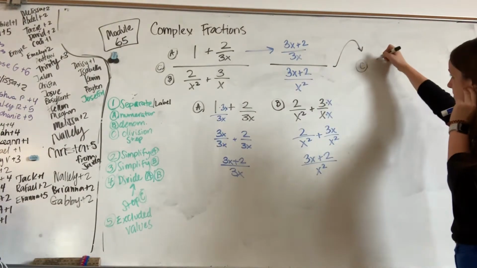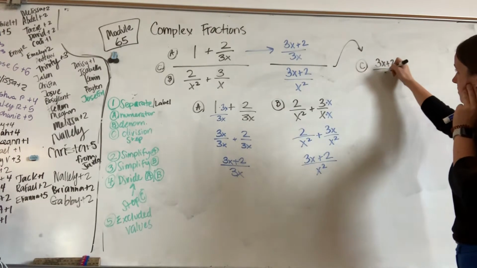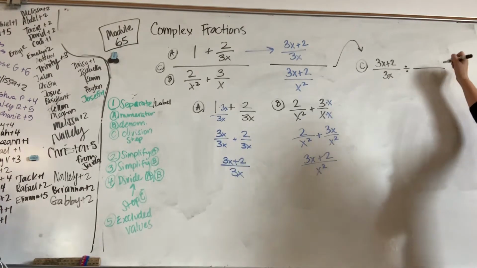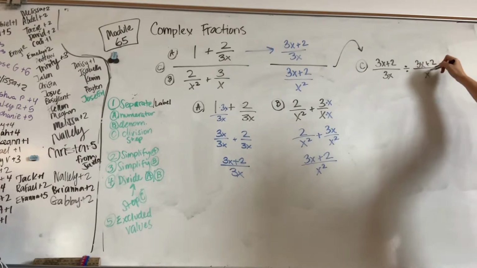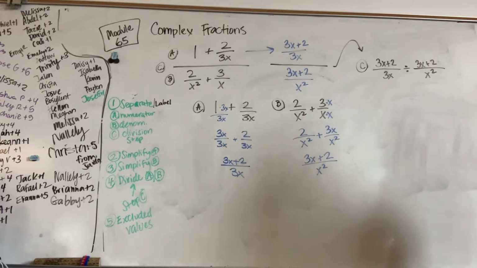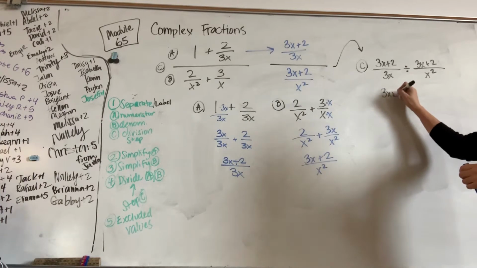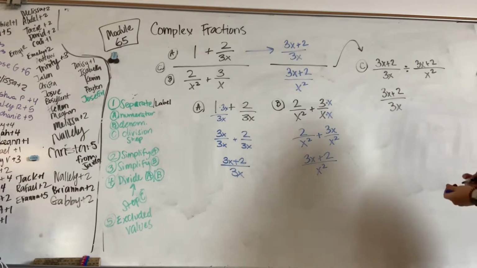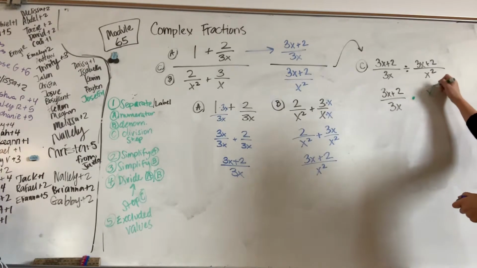I'll write 3x plus 2 over 3x, then the little fourth grade division sign, 3x plus 2 over x squared. And then for the next part, I will write 3x plus 2 over 3x, and then I'll put a multiplication sign and I'll write x squared over 3x plus 2.